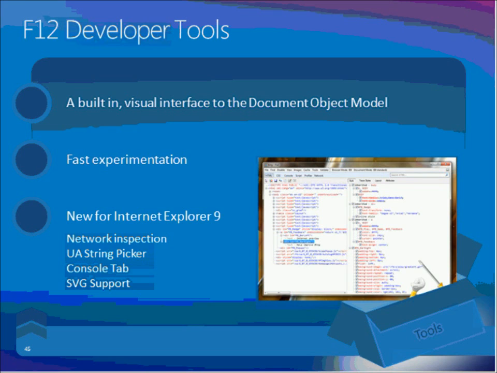In Internet Explorer 9, we introduced a new feature, the Network Inspection tab. If you've played with Fiddler, the tool for watching what's going on in your network stack, you'll find this tool somewhat familiar. If you haven't played with Fiddler, it's super easy to use and really powerful.